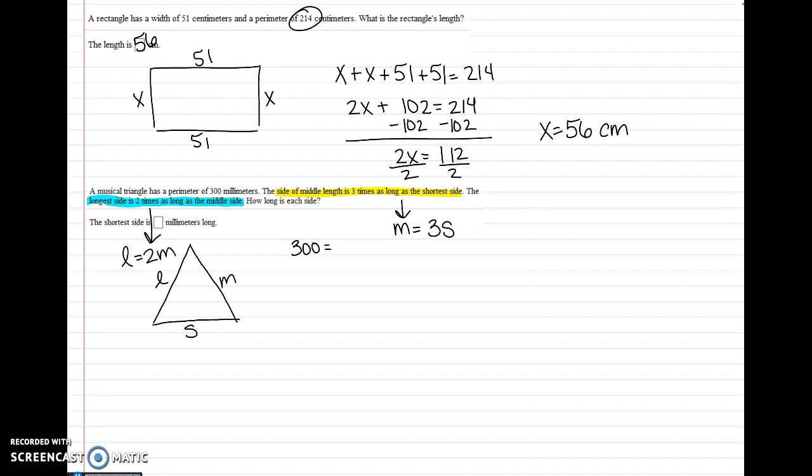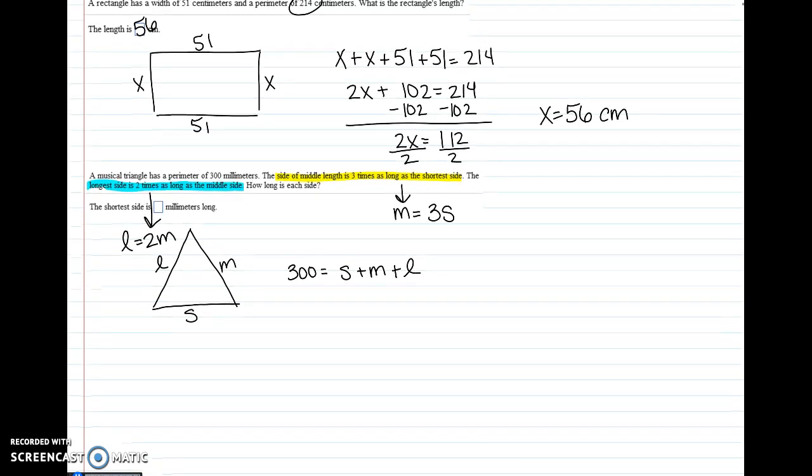Okay, so the perimeter, which is the sum of all 3 sides, the short side plus the middle side plus the long side, all have to add up to 300. Okay, so this would be terrific if we had just one letter, but we have an S, an M, and an L. Luckily for us, we know that M is equal to 3S.